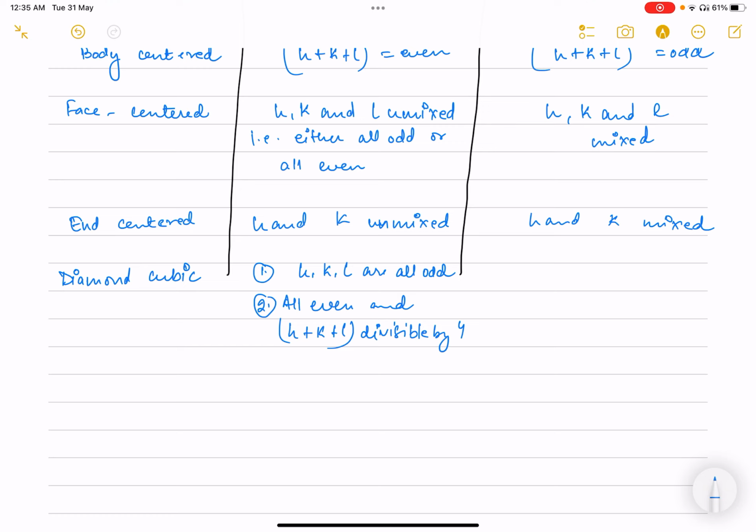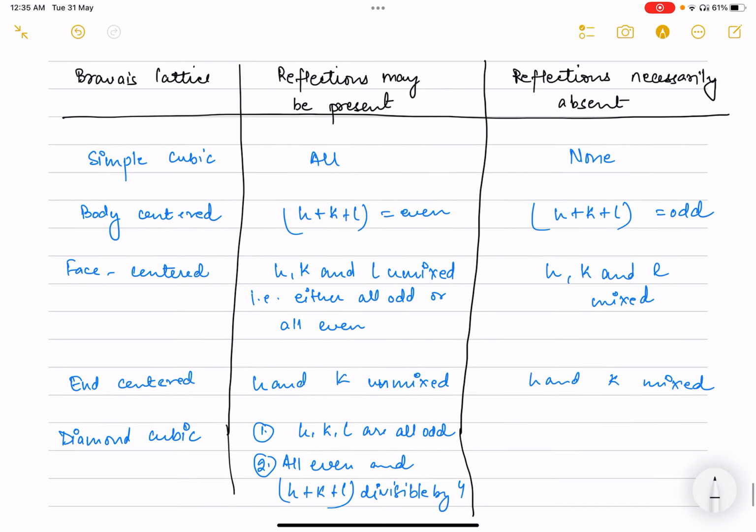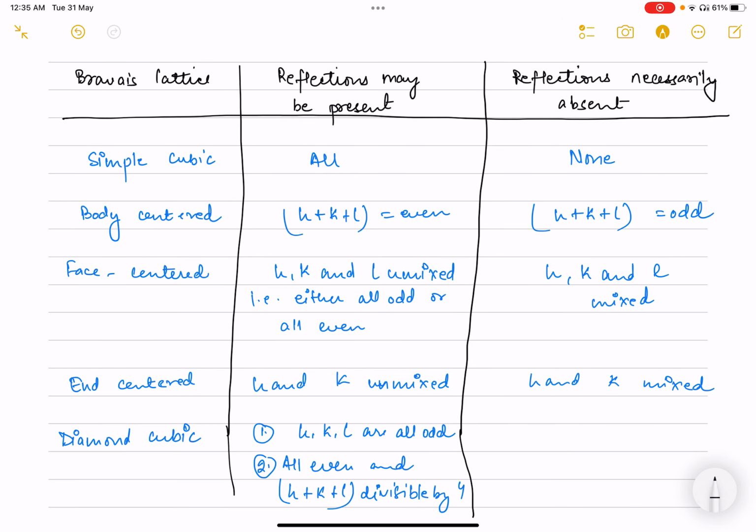These should be satisfied simultaneously. These are the ones that are allowed. Okay, so this was to summarize what type of reflections are present or can be present.